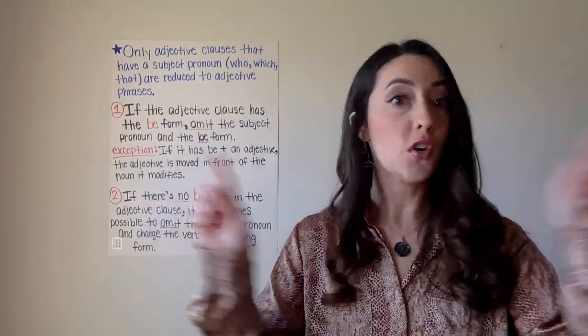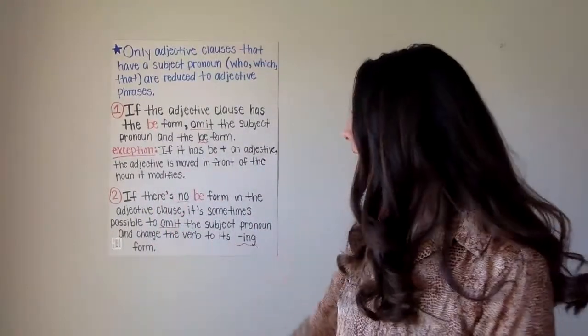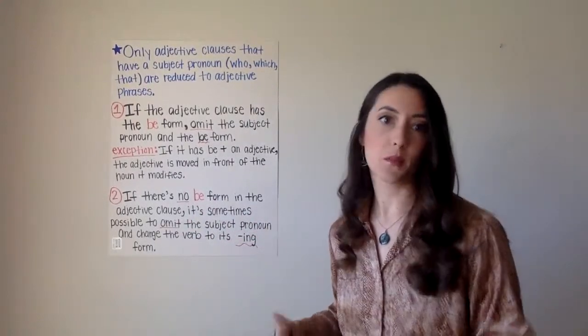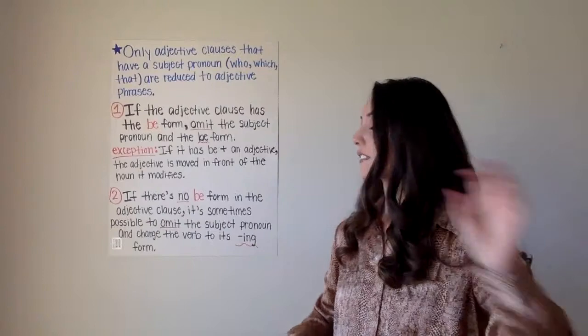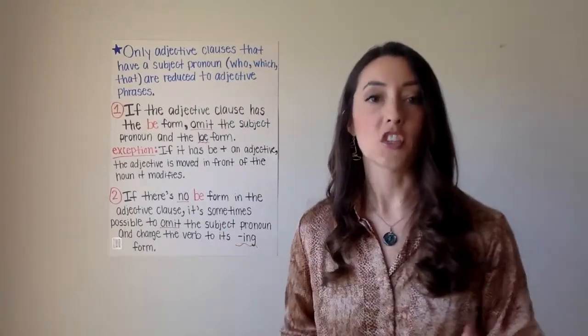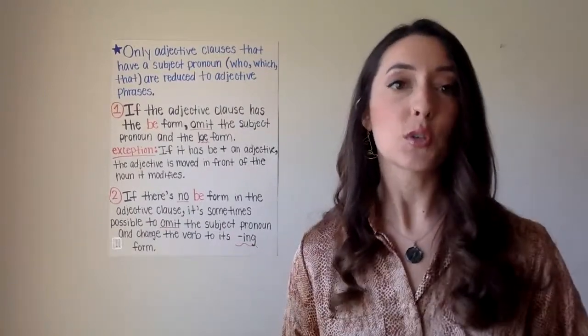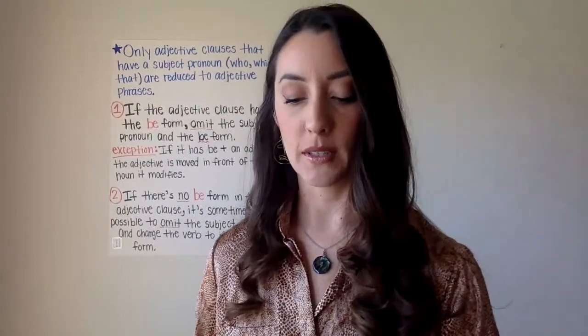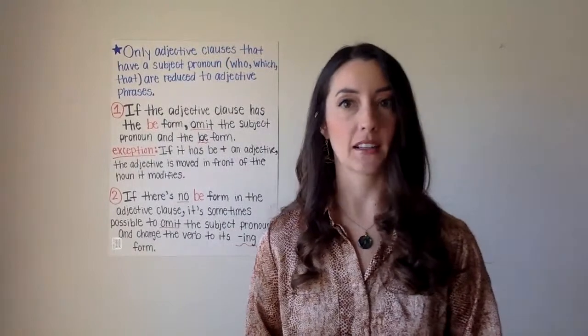Not always, but most of the time, we can just omit the subject pronoun completely and change the verb in that sentence to the ing form. Let's go over 2 examples, and then we're going to practice.